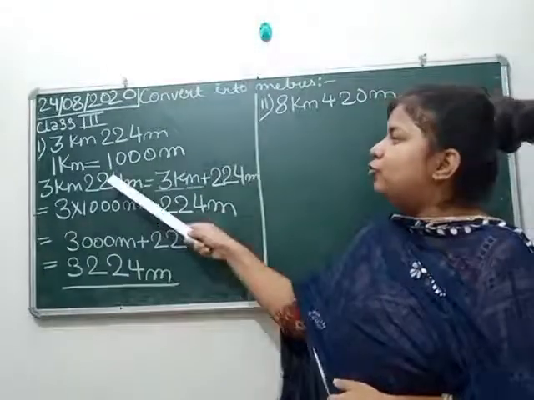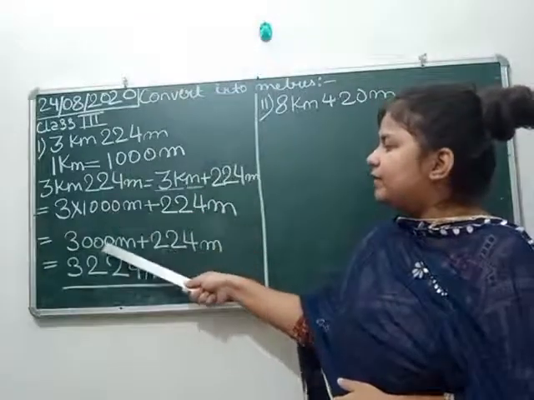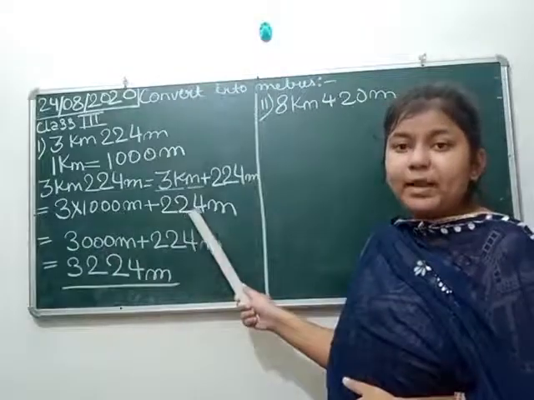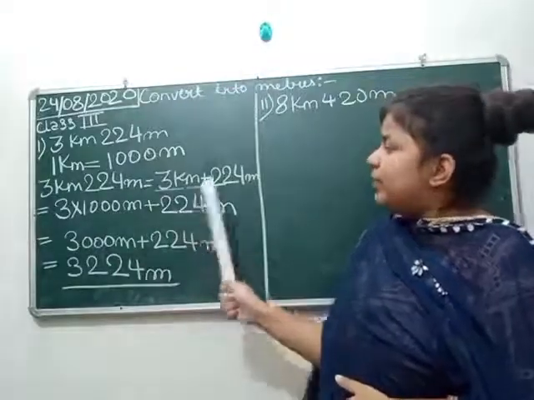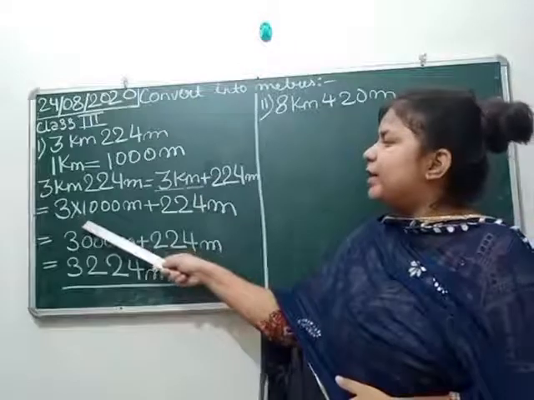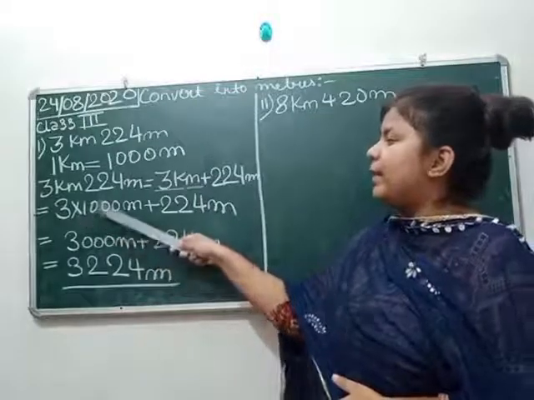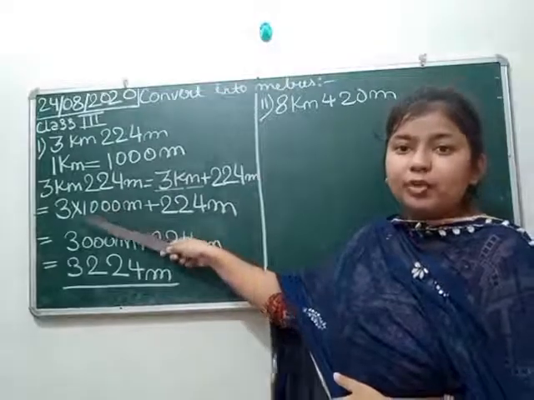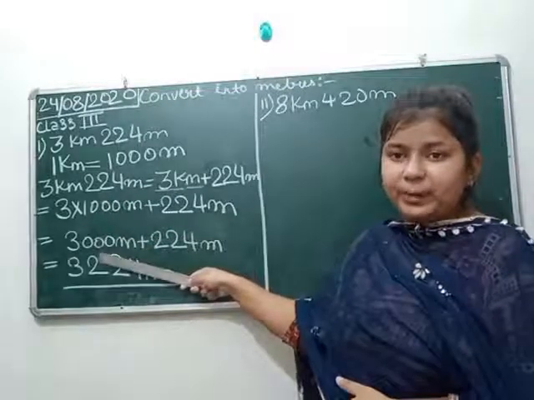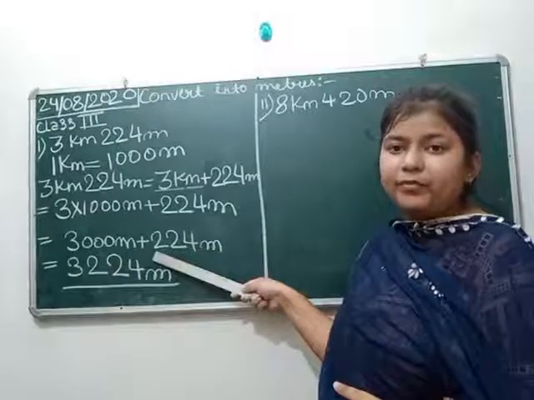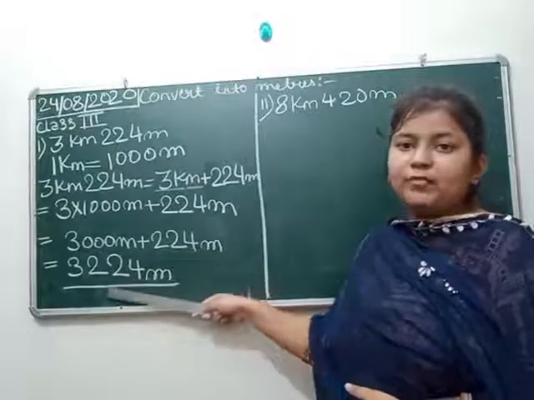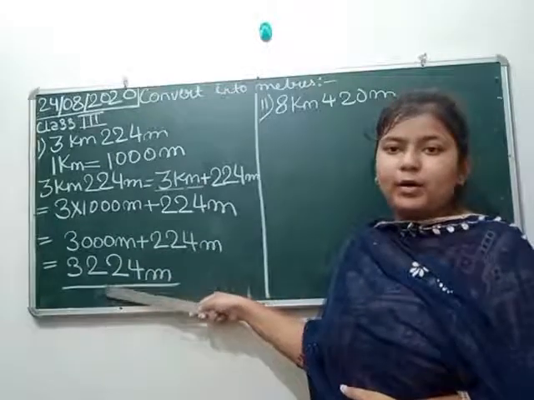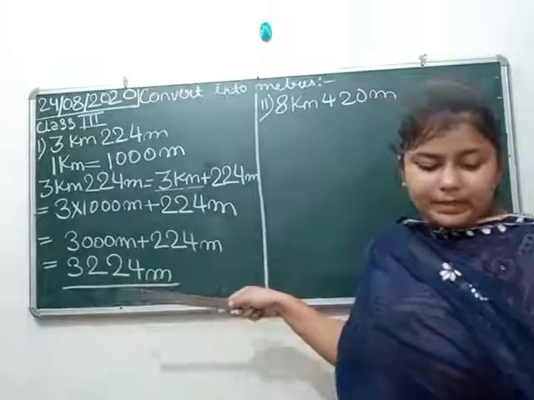Now 3 kilometer means 3000 meter; we have converted it into meter by multiplying by 1000. 3 into 1000 we have got 3000 meter plus 224 meters. So together we have got 3224 meter. Okay.